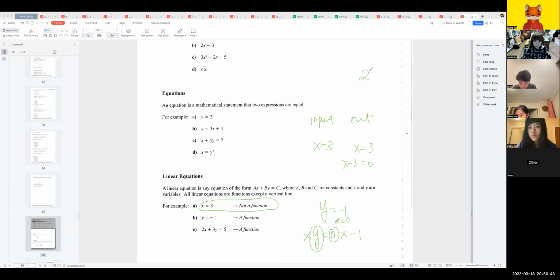Okay, so everybody, 2x plus 3y equals 5. I want you to put them into the form of y equals mx plus b.